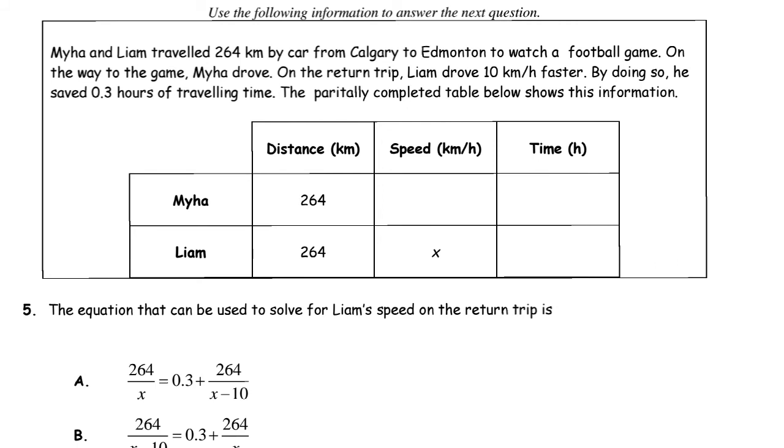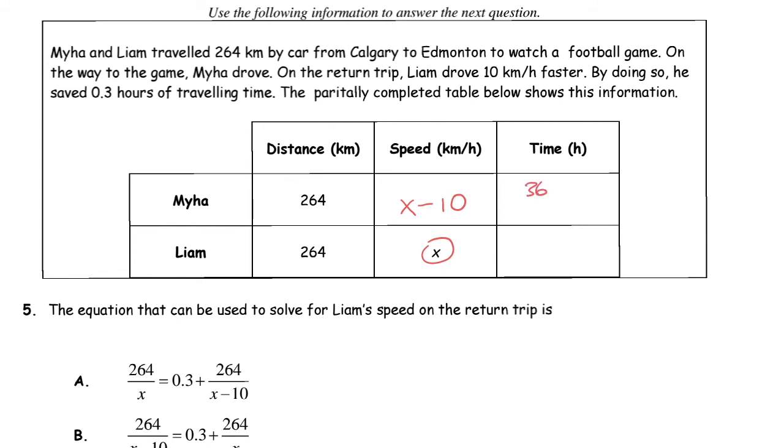So notice what they've done is we've plugged x in for Liam. That forces us to say that Mia here drove x minus 10. Up to this point, we've been kind of avoiding the subtraction there. This question is just forcing that to come up to the front. But the time is still going to be done the same way.